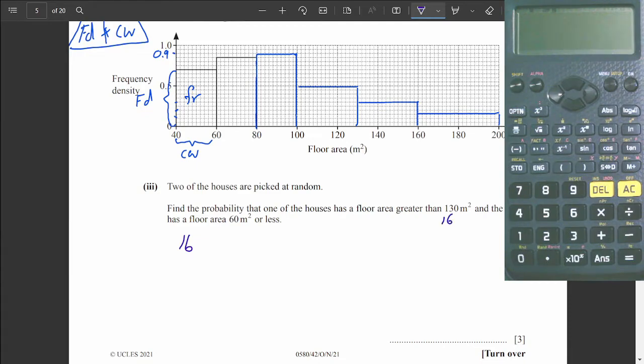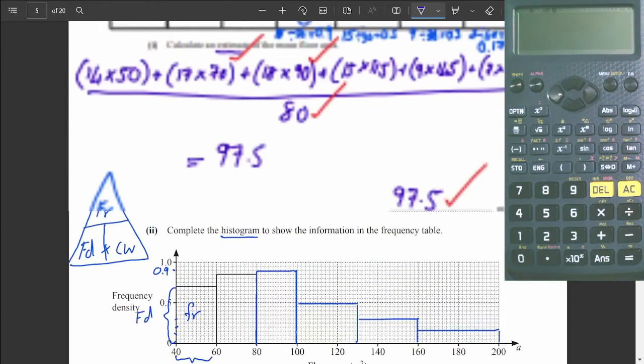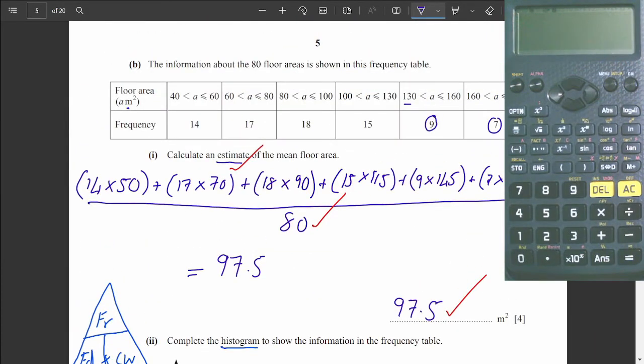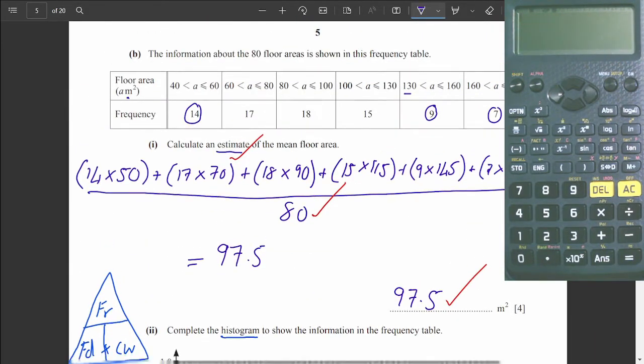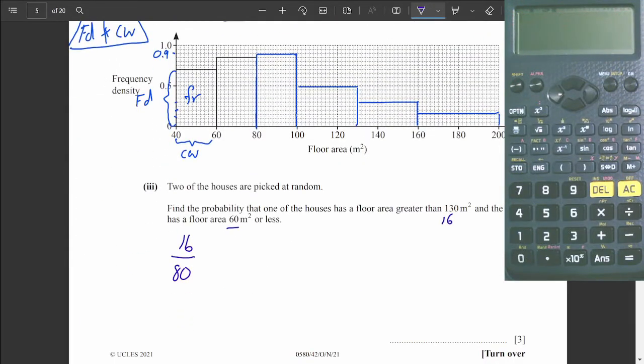We have to pick one of these houses out of the total amount of houses, which of course was 80. Then picking a house with less than 60 will be these 14 houses. Okay, so that's 14 houses less than, but remember now we already picked one house. We're not going to pick the same house twice, so it means there are 79 houses left.